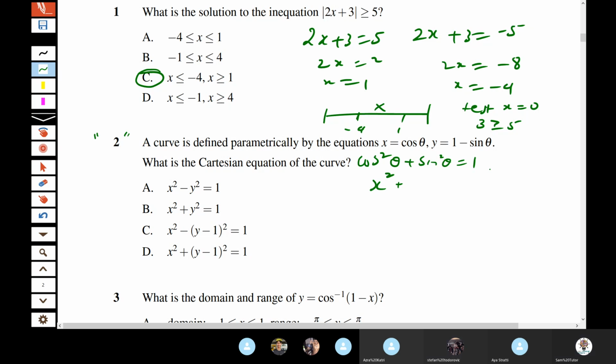Sine theta. Yep. Y squared. Ooh, no. Sine theta is not y squared. Sine theta would equal 1 minus y. Oh, yeah. Rearrange that, bring that over. And the answer is D. Why is it D?